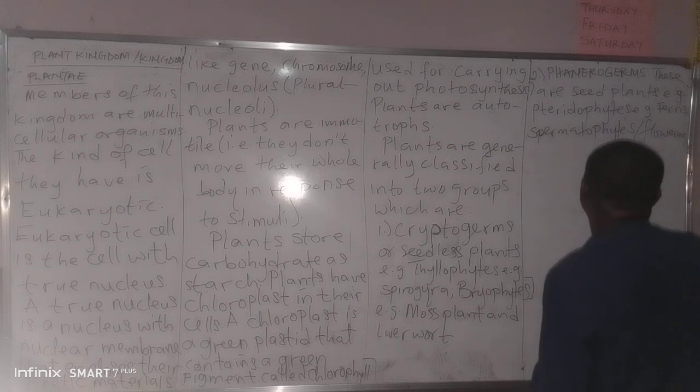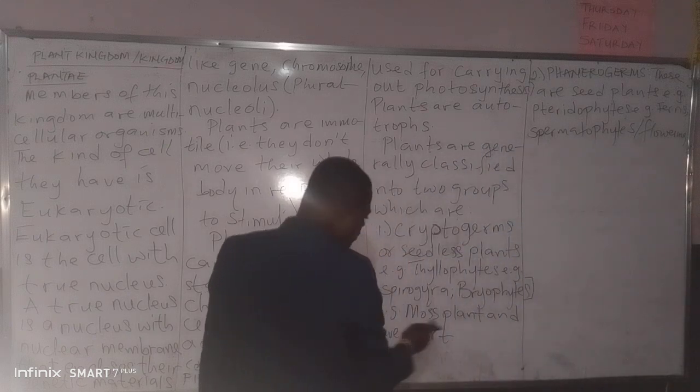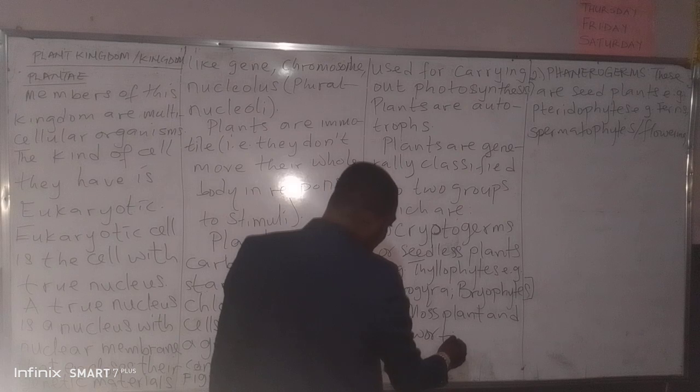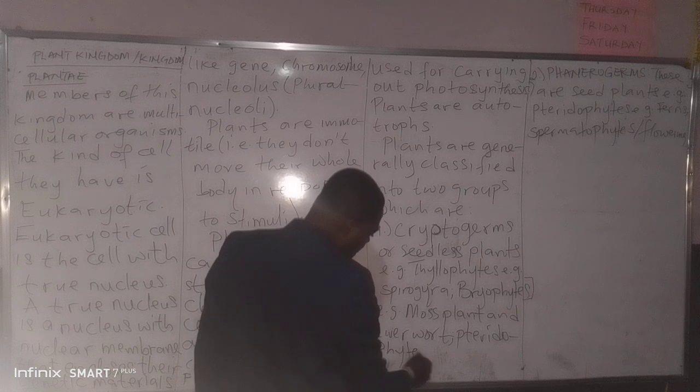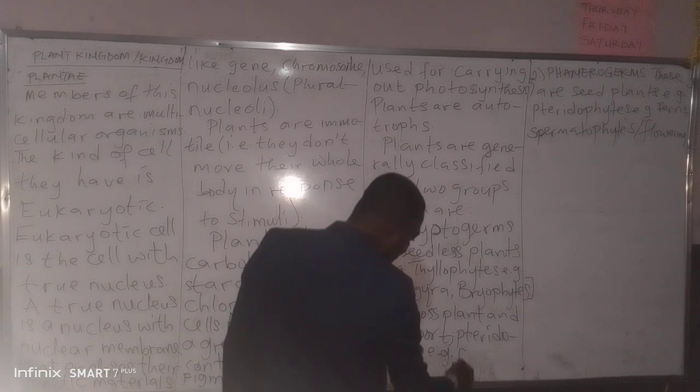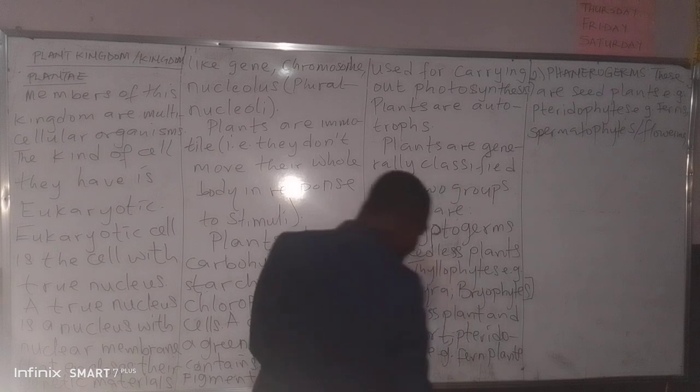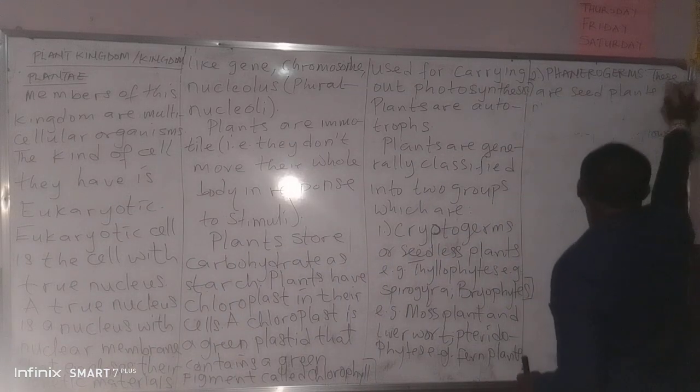Now, fern plants are also part of, you have moss plants, and then you have pteridophytes, e.g. fern plants. So fern plants are predominantly cryptogams. They are not phanerogams because they still produce spore. I'm going to bring them to you. You are going to see them.